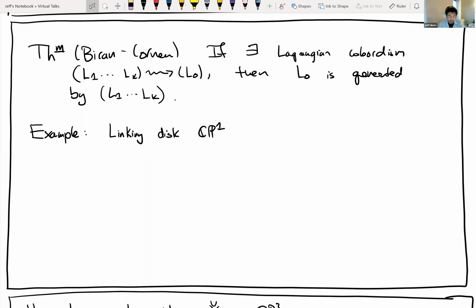The reason that this generation holds is because there is an algebraic result of Biran and Cornea that says that whenever you have a Lagrangian cobordism with left ends L1 through Lk and right end L0, then the Lagrangian L0 is generated by the right ends.